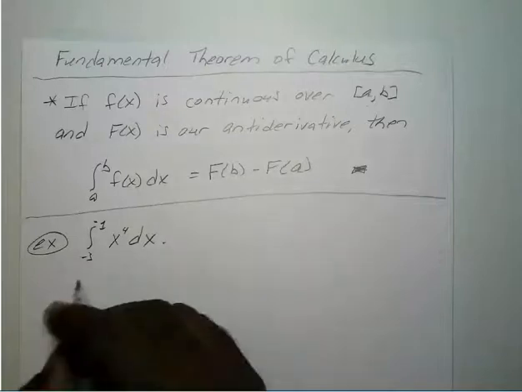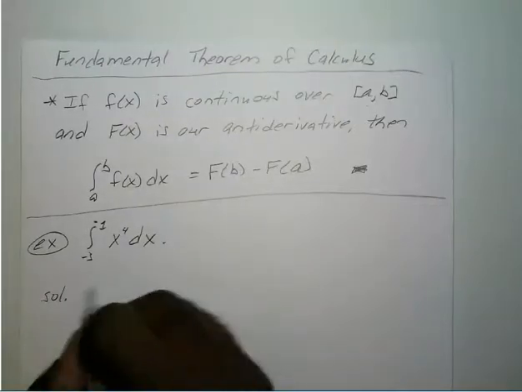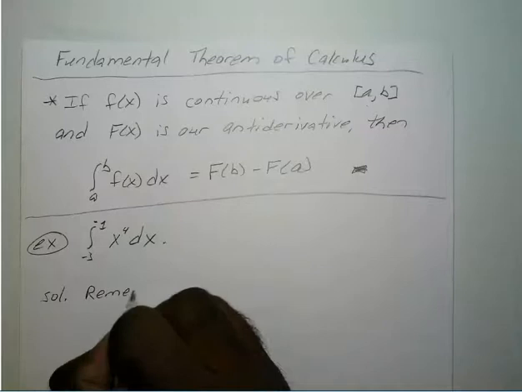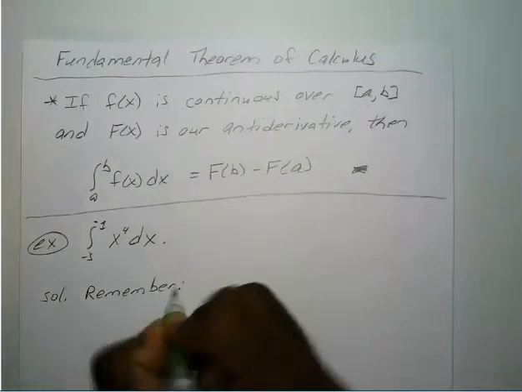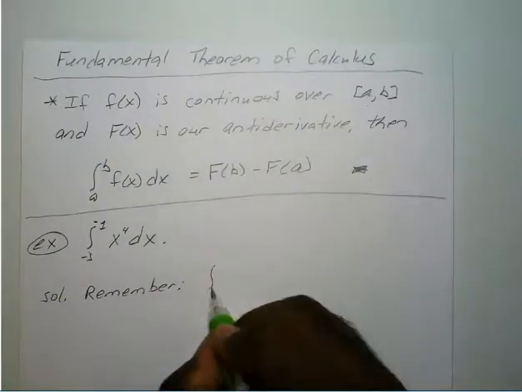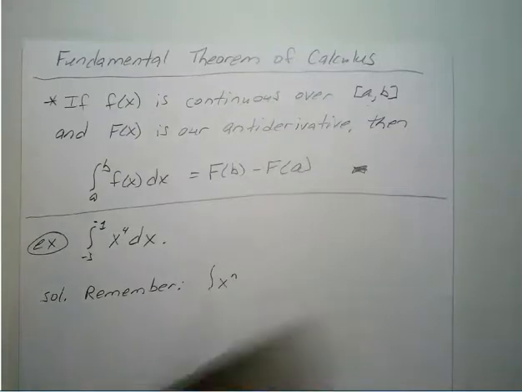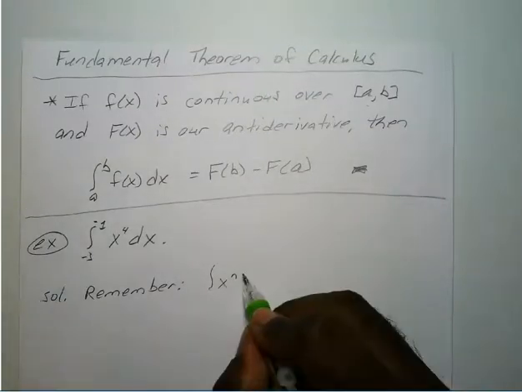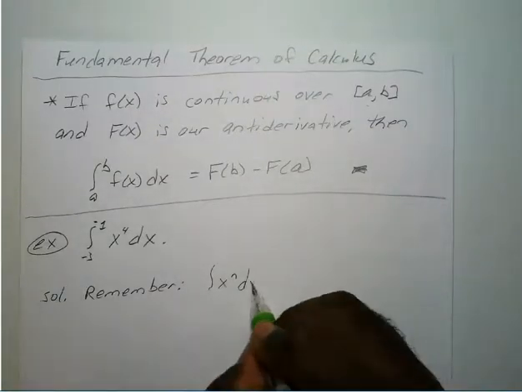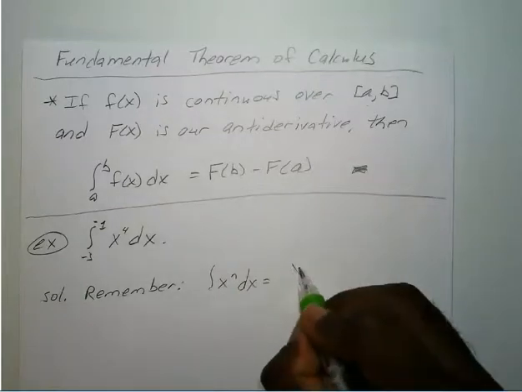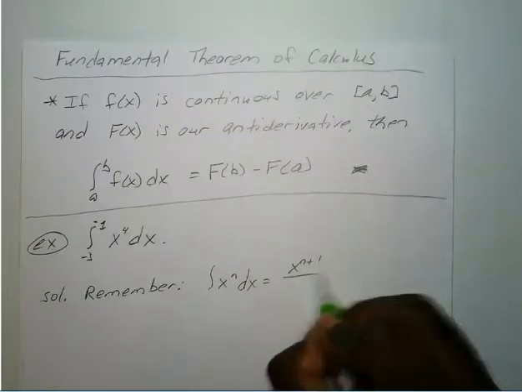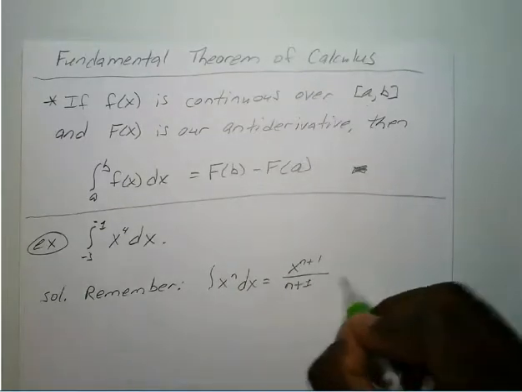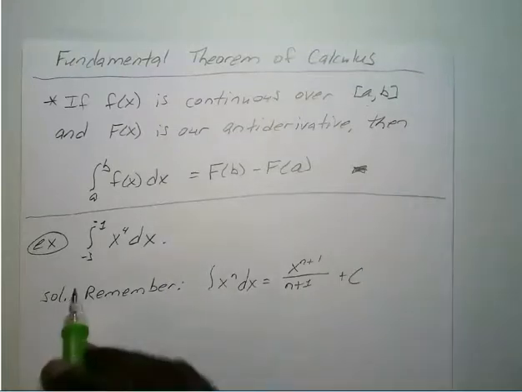All right, so for this one, you want to remember your antiderivative of x to the power of some real number n, with respect to x, is equal to x to the n plus 1 divided by n plus 1 plus c.